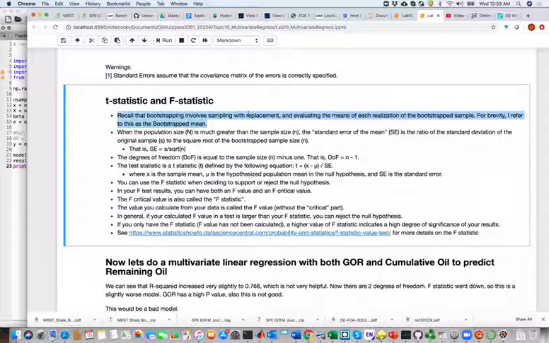Bootstrapping again is sampling with replacement, and then we can evaluate the means of all the different realizations we got from bootstrapping. So you now have multiple means for each bootstrap sample, and that is what we call the bootstrap mean. That's just reviewing what we did before.